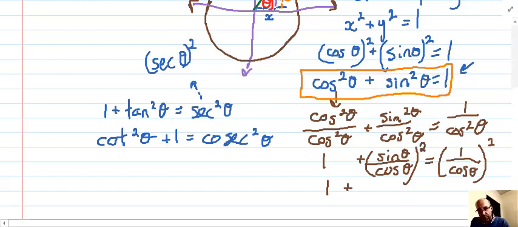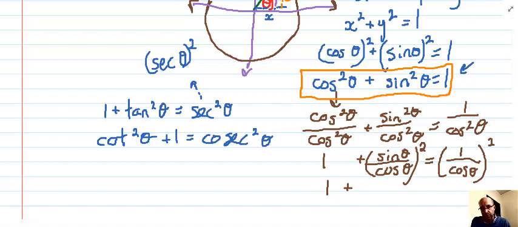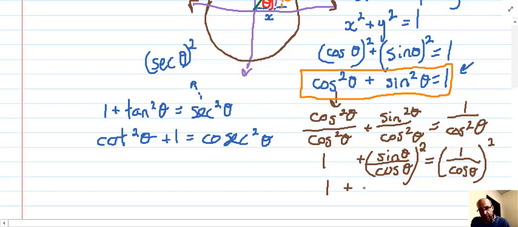Okay, so sine squared theta over cos squared theta is sine theta all squared over cos theta all squared, which is sine theta over cos theta all squared, all index laws. Okay, so that will be tan theta all squared, or in other words tan squared theta. This is sec theta all squared, or in other words sec squared theta. So it's a little semi-formal proof there.